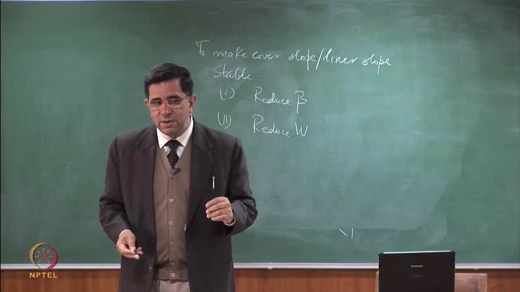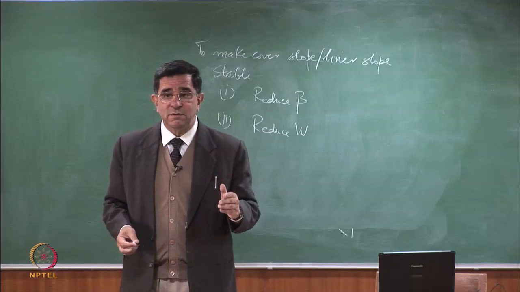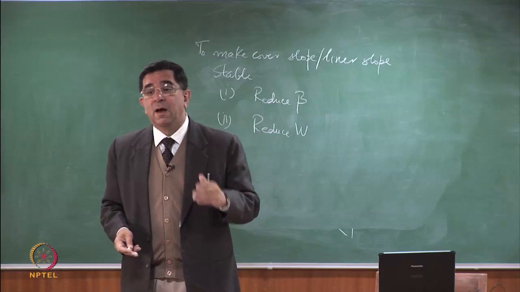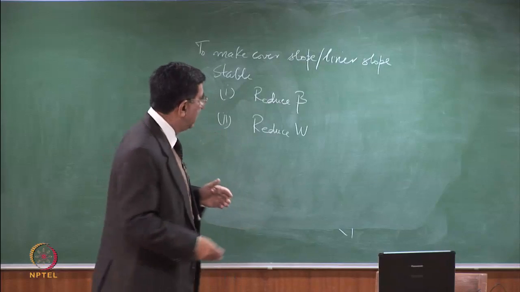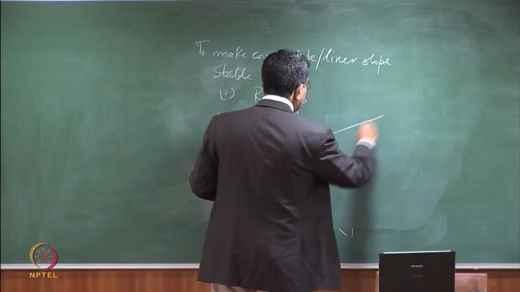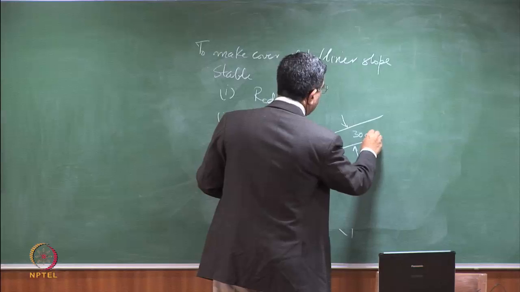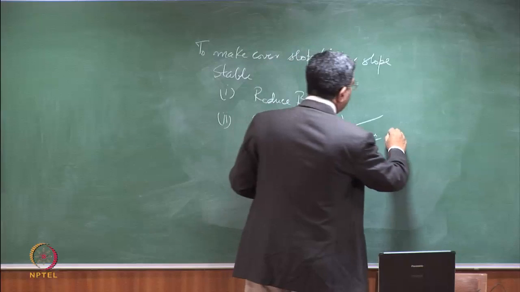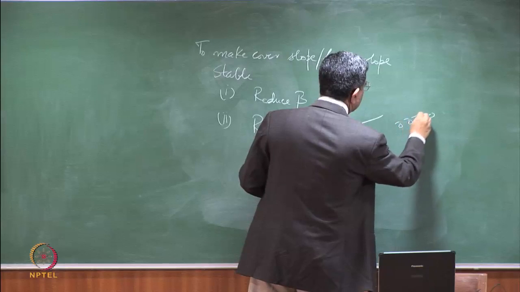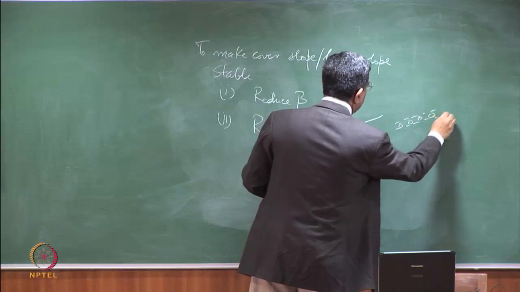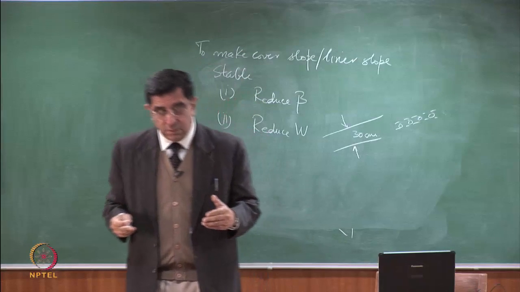Can I reduce the drainage layer? Yes. How can I reduce the thickness of the drainage layer? Right. We can use a geocomposite. And let us say that if I have a 30 centimeter drainage layer, I can instead put a geocomposite instead of that. This will make a lot of difference to W, significant.